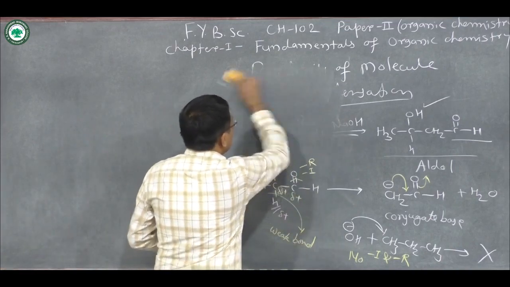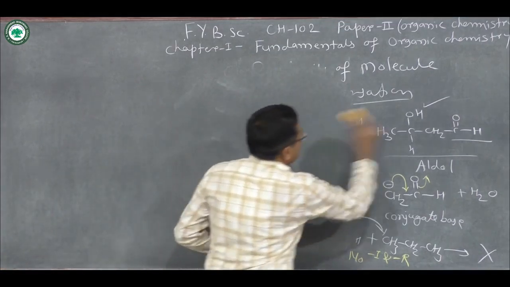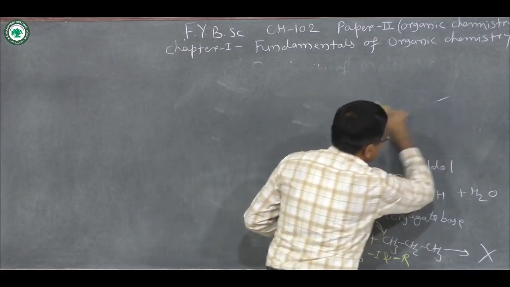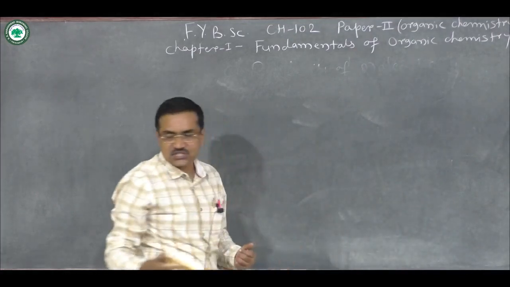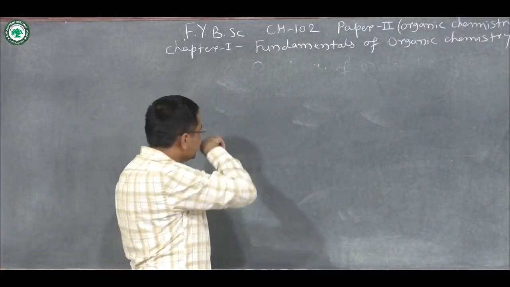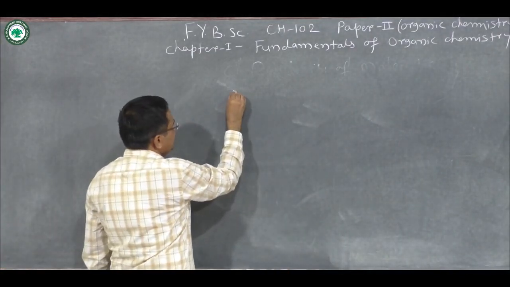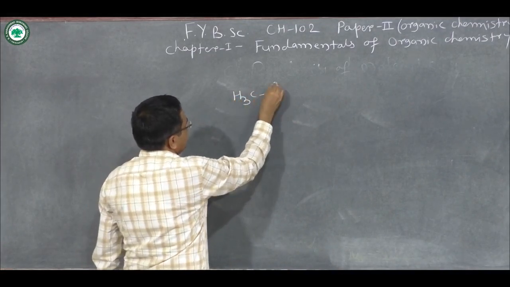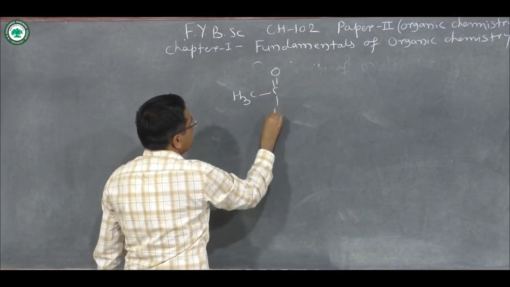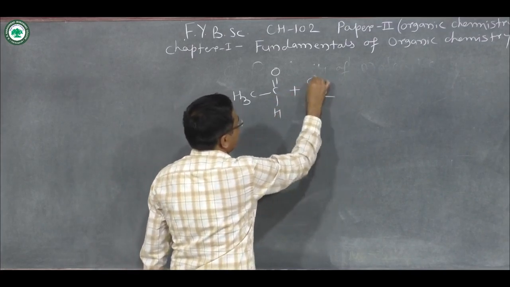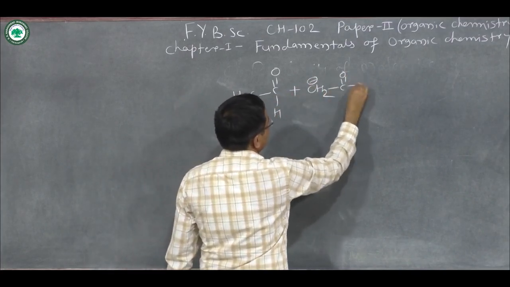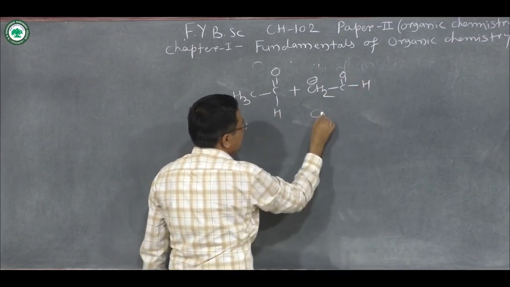Now for the explanation we consider the second step of this aldol condensation. Now here the second molecule of acetaldehyde reacts with carbanion. This is carbanion.